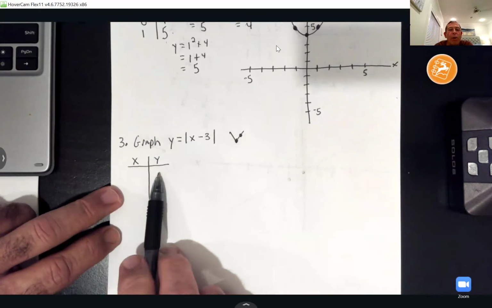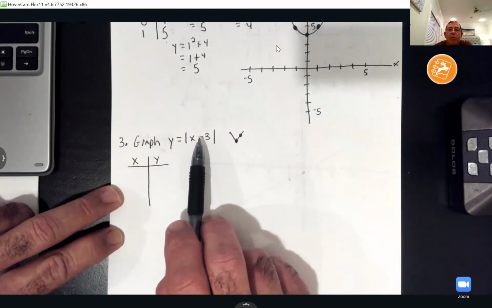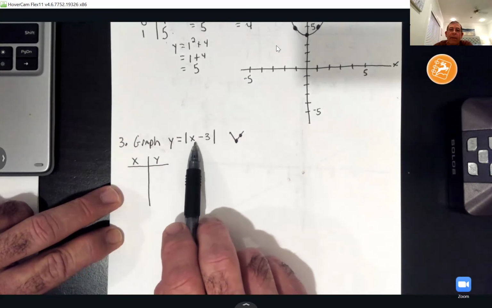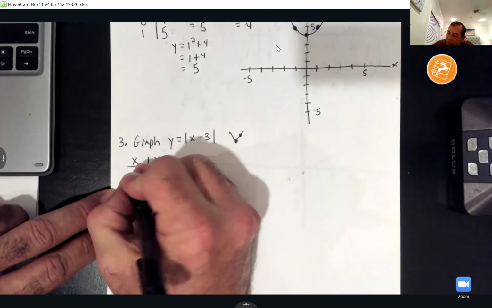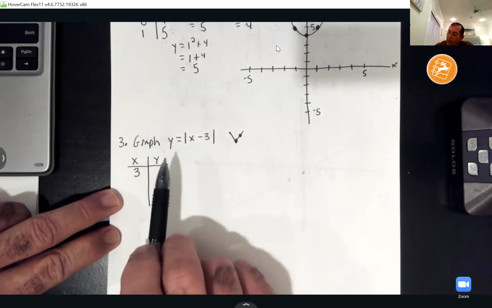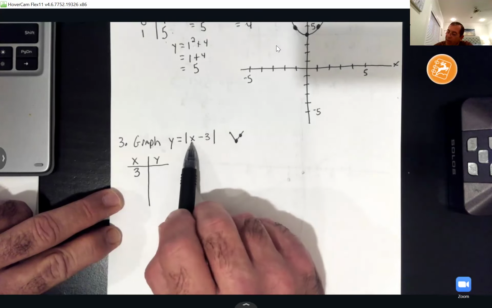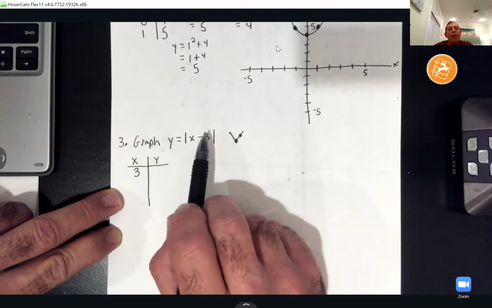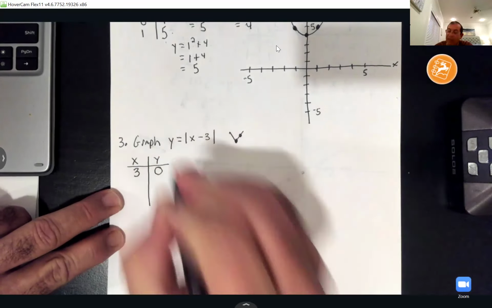And the first point I choose to graph has to make this equal 0 inside those bars. And so I got an x minus 3. That means my first x has to be 3 on this one, okay? Because the first point you plot, when you put 3 minus 3, you get 0. Absolute value of 0 is 0.